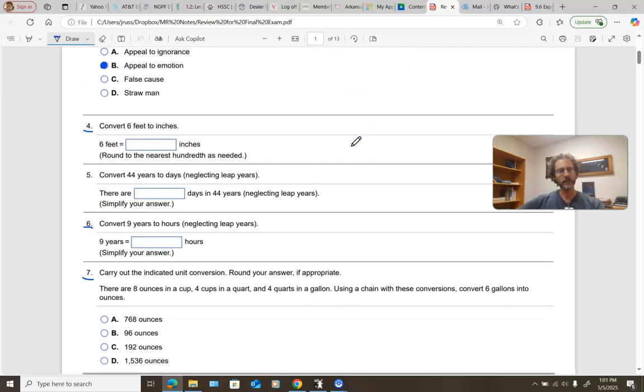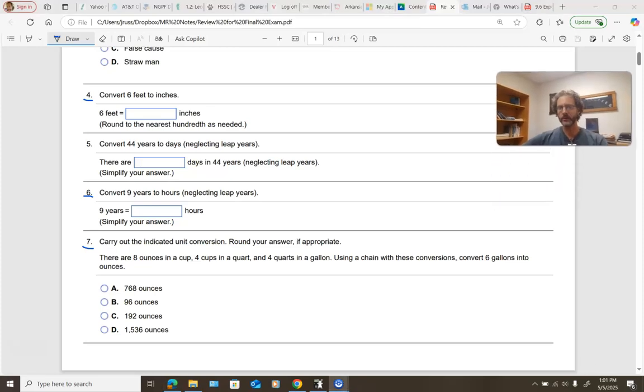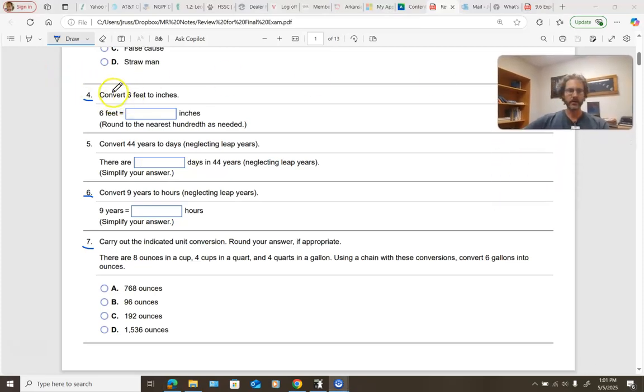Alright, so now we're going to get into some of the material from Chapter 2. We were doing those unit conversions. So this says convert 6 feet to inches. So if you remember, you're going to start out with 6 feet, and put that over 1, and you multiply it by 1 or more conversion factors. Well, we know that there's 12 inches in a foot, and I want my feet to cancel.